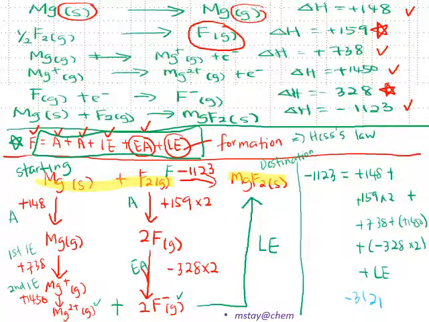So we only have one unknown in the formula, so we are able to determine the value of the lattice energy, which will be in the unit of kilojoule per mole.